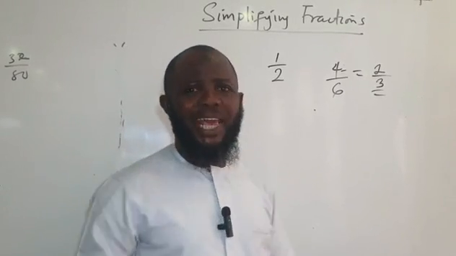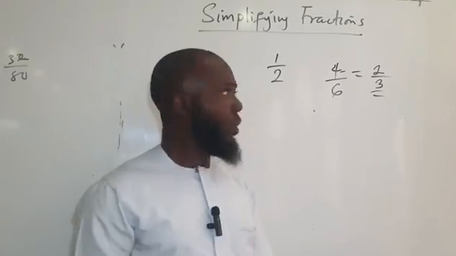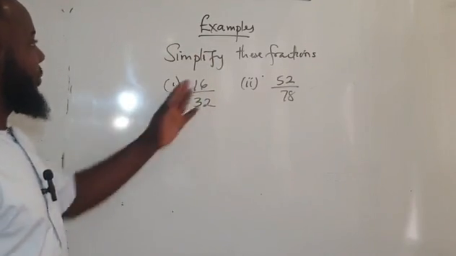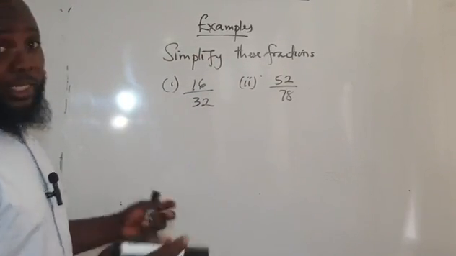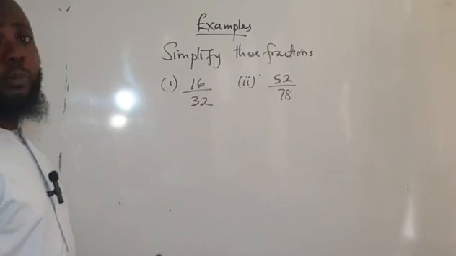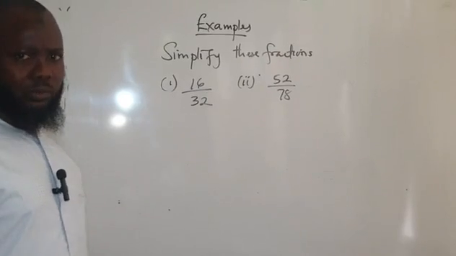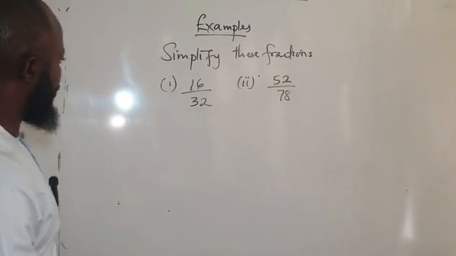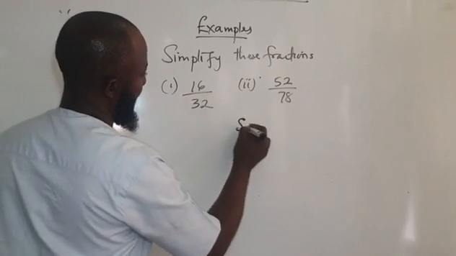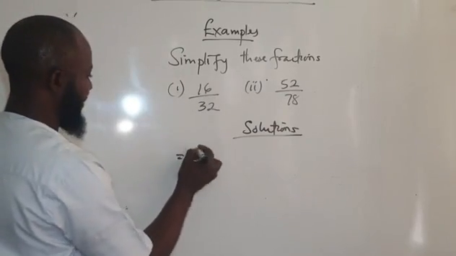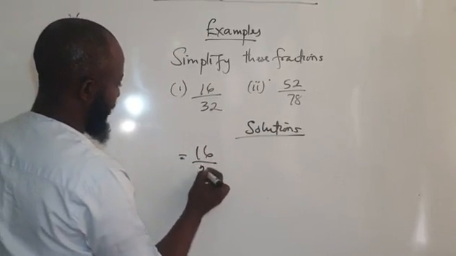So if that is the case, let's look at examples on how to simplify fractions. Simplify these fractions. That is, we are asked to reduce this to its lowest term. Sometimes the question will say reduce this fraction to its lowest term. That's still saying the same thing. So what are we going to do now? Solution. Here we have 16 over 32.